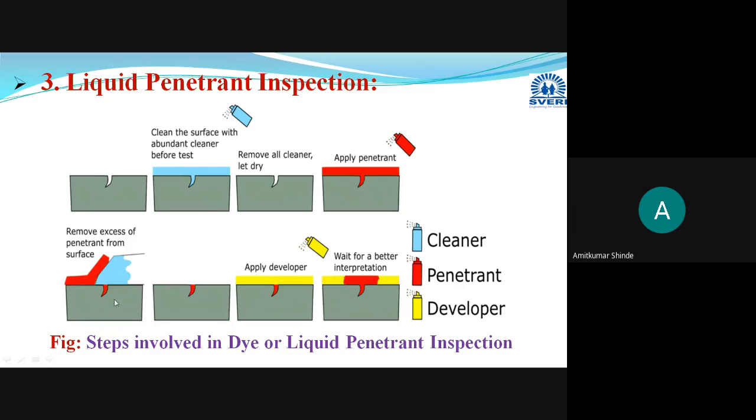And which kind of defects can be detected, surface defects, subsurface defects, and for which material you can detect the defects for each method. All this part we have finished in the previous lecture.